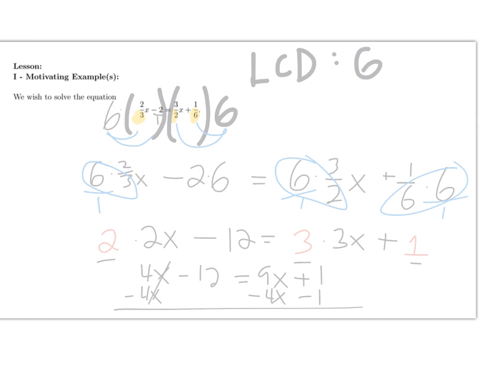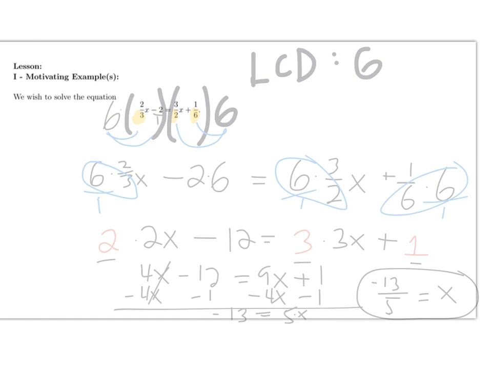The inverse of plus 1 is minus 1, so now I have negative 13 equals 5x. The inverse of multiplication is division. Divide negative 13 by 5. Divide 5x by 5. 5 divided by 5 is 1, times x is x. And boom, we have our final answer.